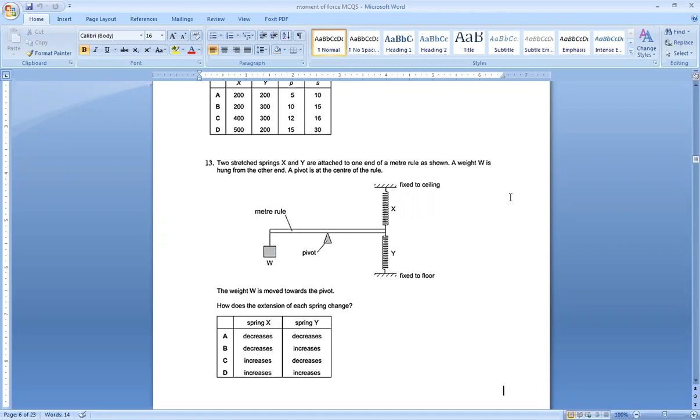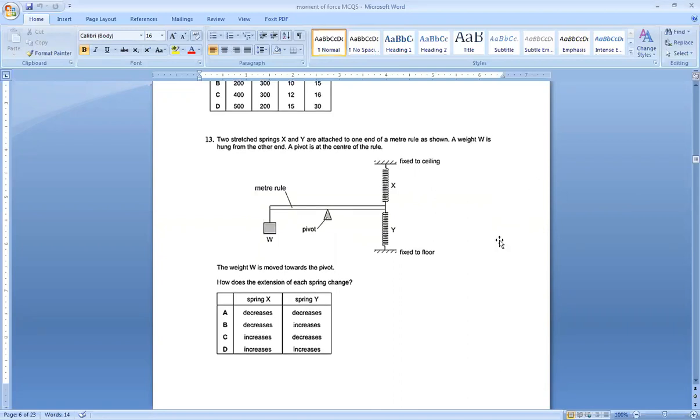The meter rule will move clockwise, which will stretch X and contract Y. So the extension of X will increase and the extension of Y will decrease. So C is my option. Meter rule tends to move downward. So X extension increases, Y decreases. So C is your option.